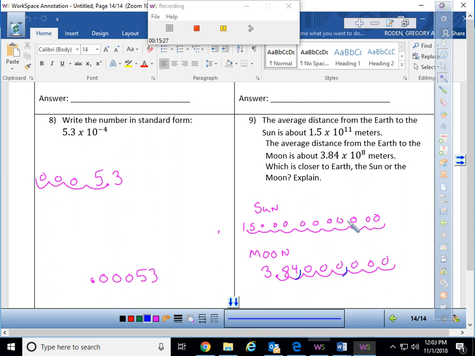So this is ones, so hundreds, thousands, millions, billions, and the sun is approximately 150 billion meters away from the Earth. So it's obviously going to be the sun, and the explanation would be this number right here is much larger than this number right here.